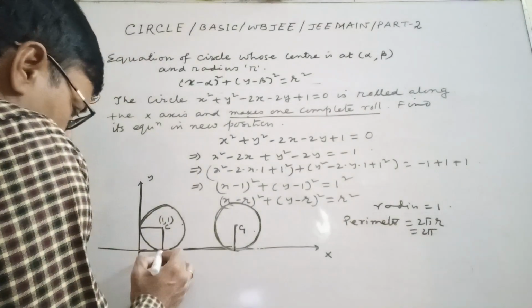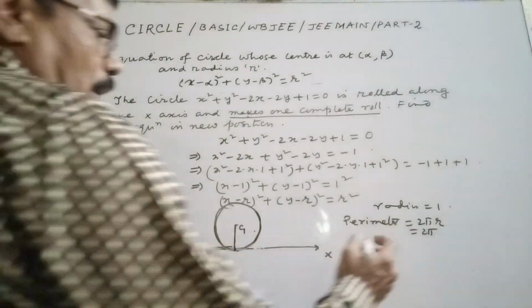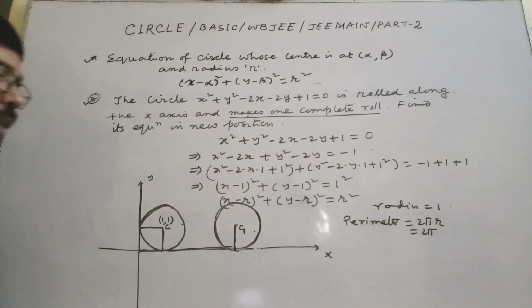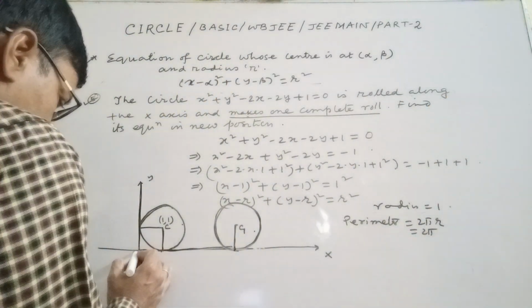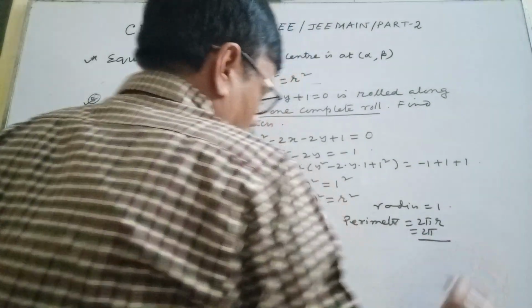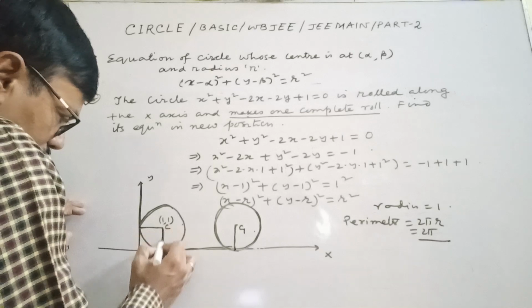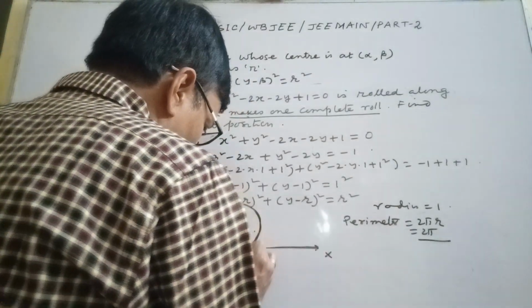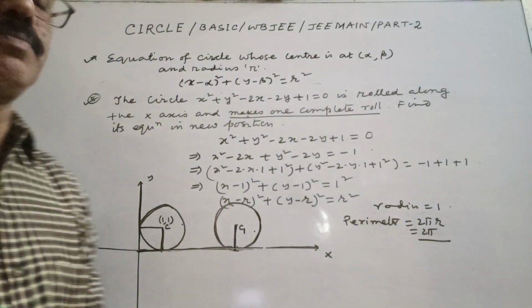So in one complete roll, it will describe the path 2 pi. Now it is 1 and it will describe the path 2 pi. Now the y coordinate is the same. Look, since it is rolled along the x-axis, the y coordinate is the same.